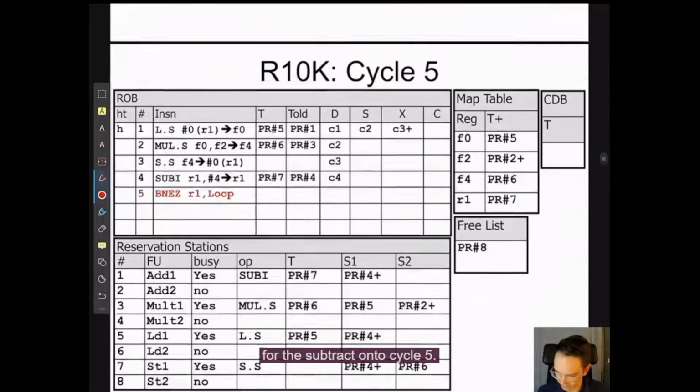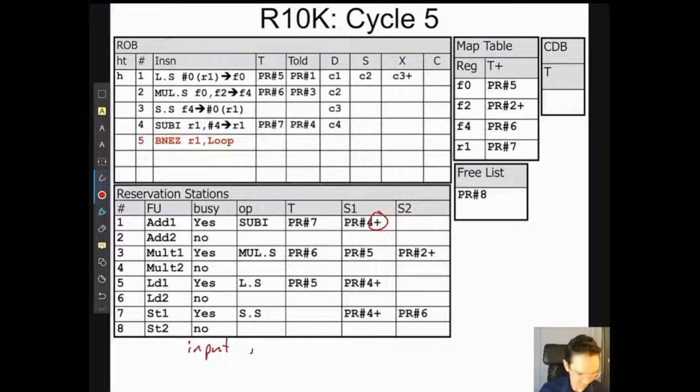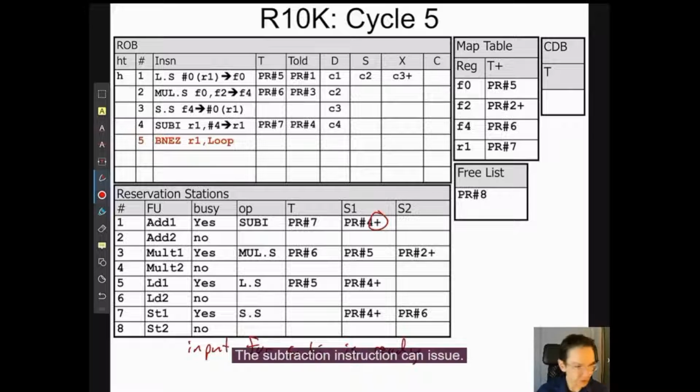On to cycle 5. The load is still executing, the multiply and store have a dependence chain, they can't issue, but the subtract instruction, its operands, there's only one, it's ready, so therefore the subtract instruction can issue. And over in dispatch, we've encountered a branch instruction.